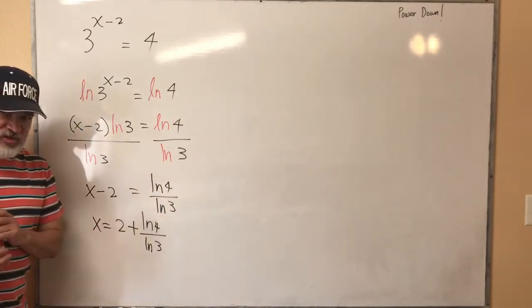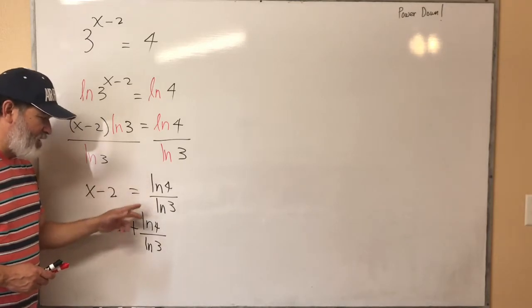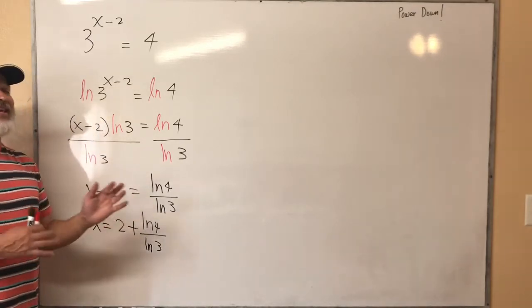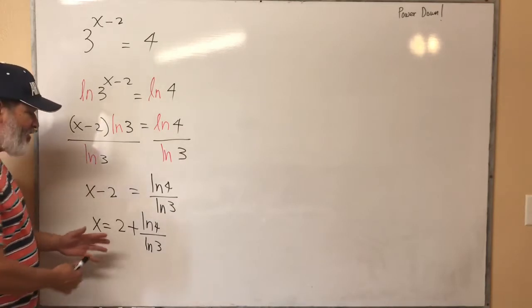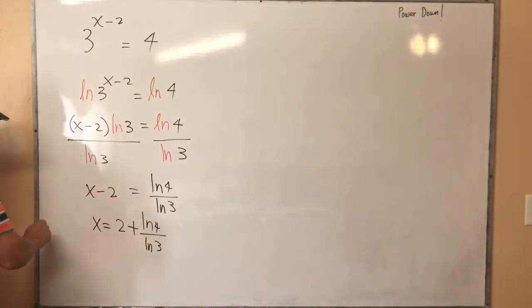And my suggestion is that you do not transform this into decimals until you get to the end. Now that we got to the end, this is the exact answer. This is exact. I think this is the way you spell exact answer.